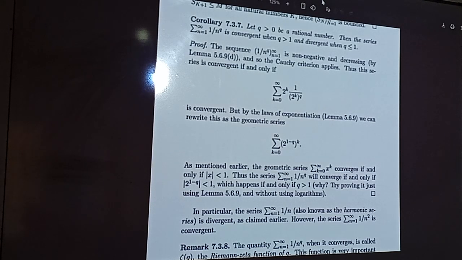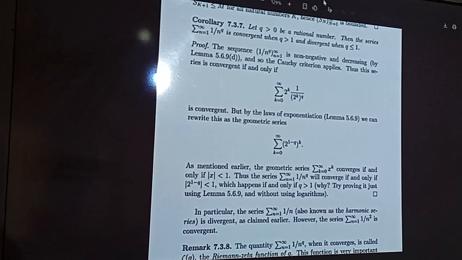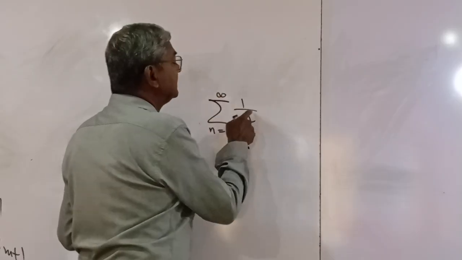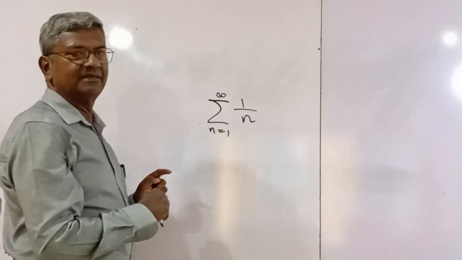Actually what he is saying is sigma 1 over n to the q converges if and only if q is greater than 1. So from that you can say sigma 1 over n, n going from 1 to infinity, here the power is 1.